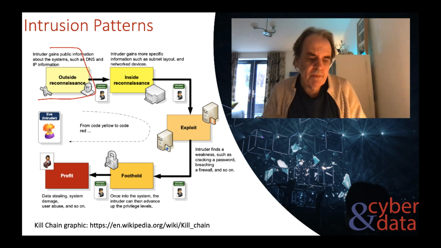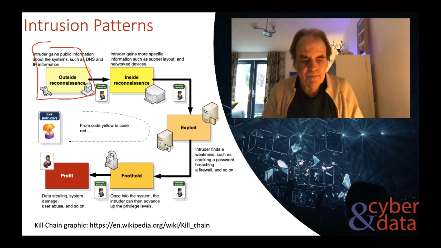So in the first stage we might define as outside reconnaissance, and that's where an intruder might use DNS information or WHOIS databases or job sites information and so on, and generally try to understand the infrastructure of the company and the people involved.